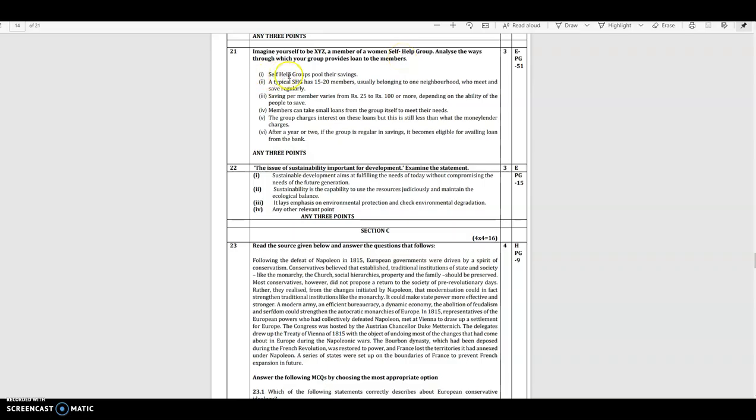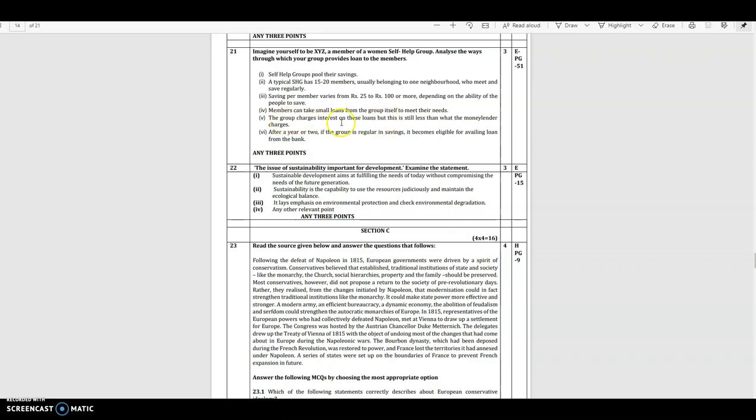First point, self-help groups pool their savings. A typical self-help group has 15 to 20 members, usually belonging to one neighborhood, who meet and save regularly. Saving per member varies from rupees 25 to rupees 100 or more depending on the ability of the people to save. Then members can take small loans from the group itself to meet their needs.